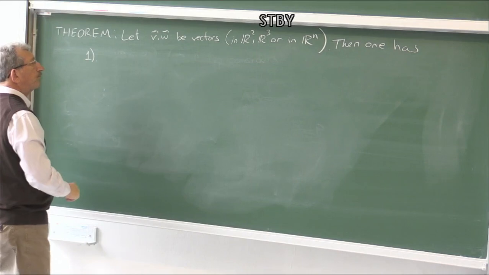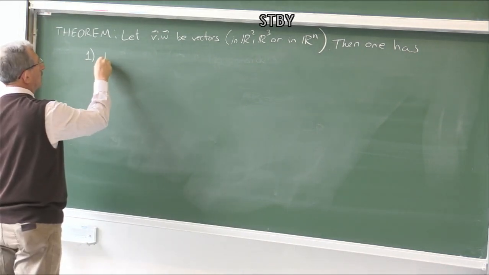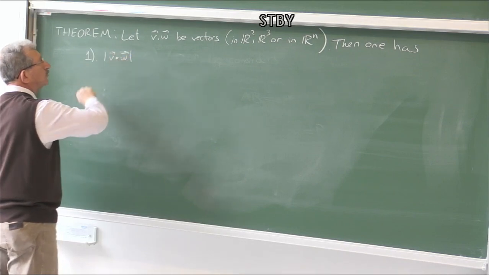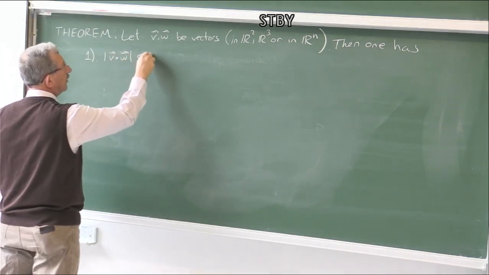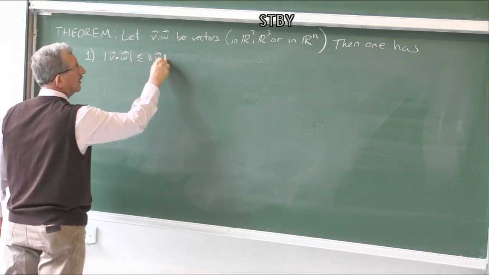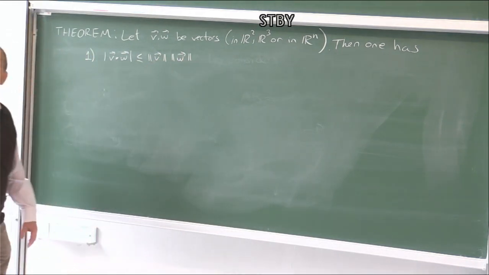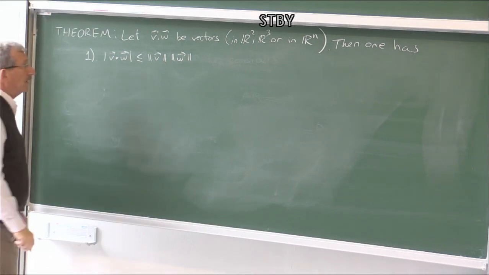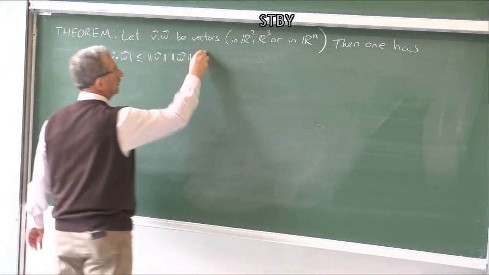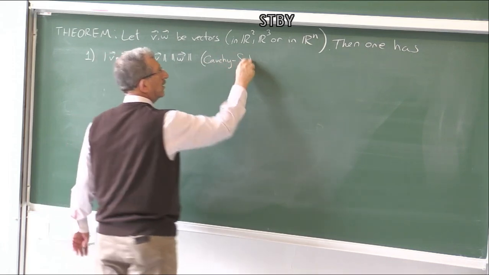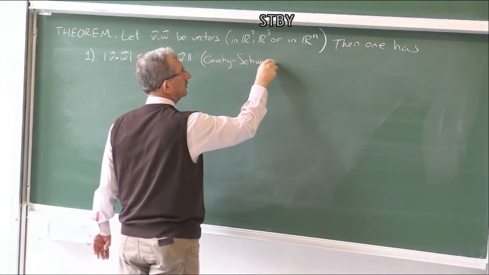Firstly, the dot product in absolute value is bounded by the product of the norms of the vectors. This is called the Cauchy-Schwarz inequality.